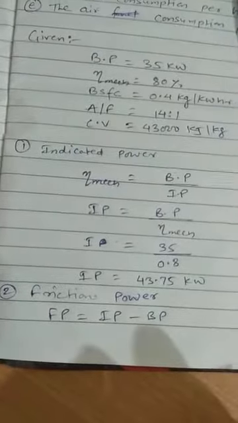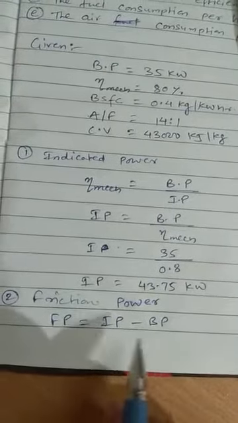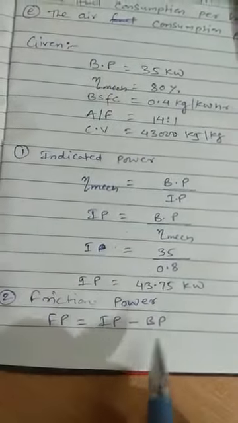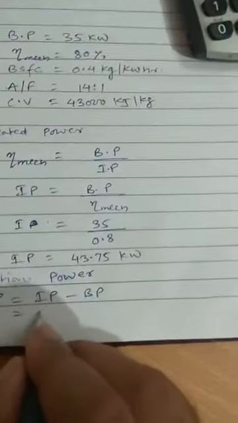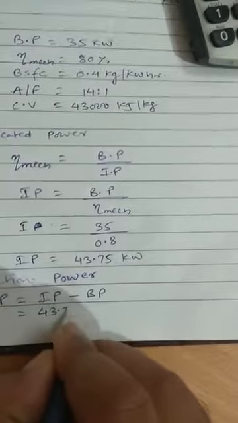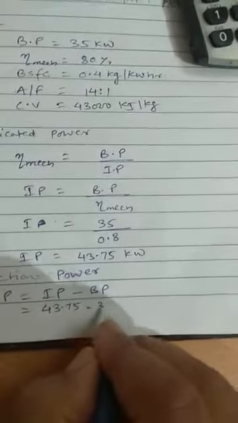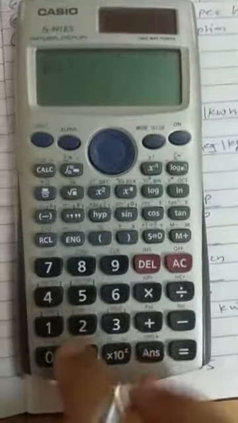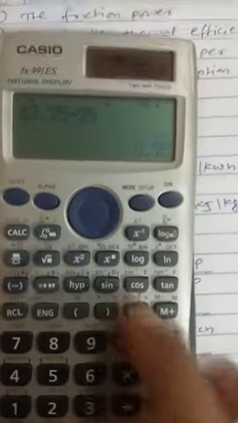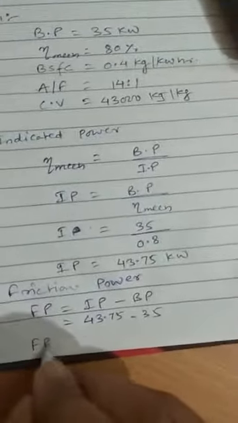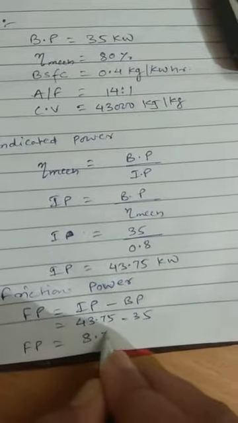The IP value we found and the BP value is given in the question. So IP value 43.75 minus BP value 35. So 43.75 minus 35 means 8.75. So FP is equal to 8.75 kilowatt.